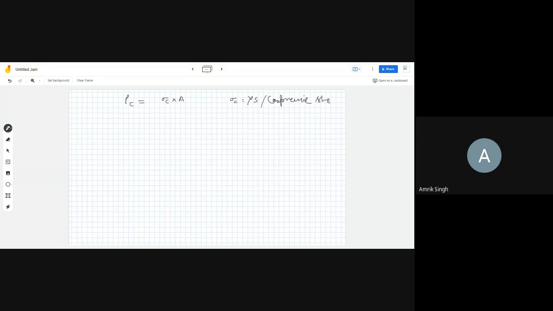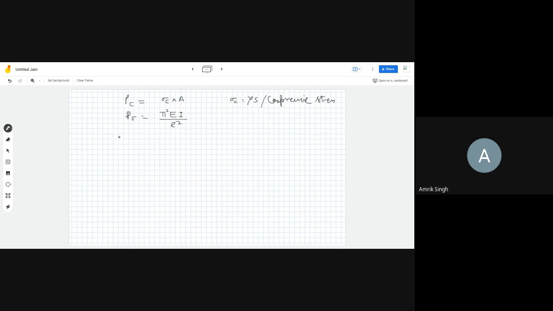Now, Euler load PE, we know, is pi square EI upon L square.